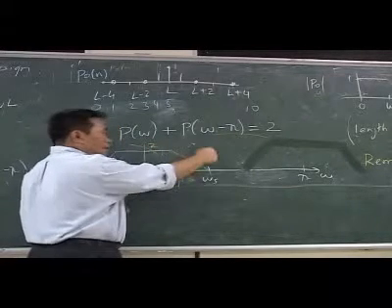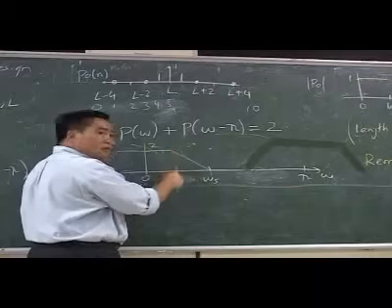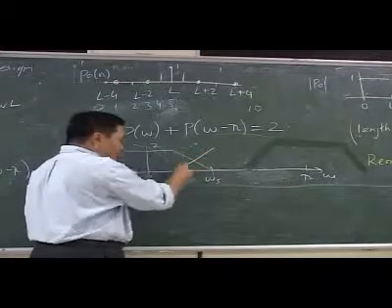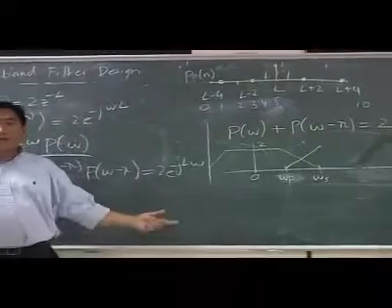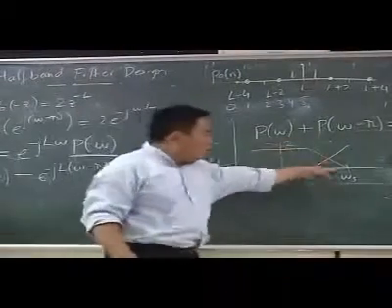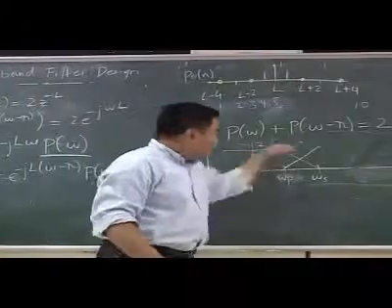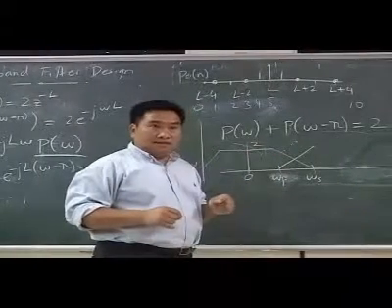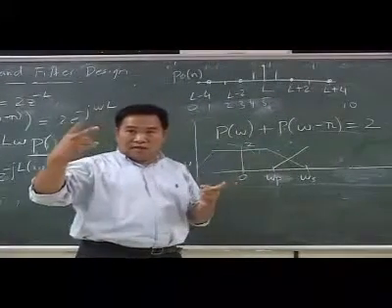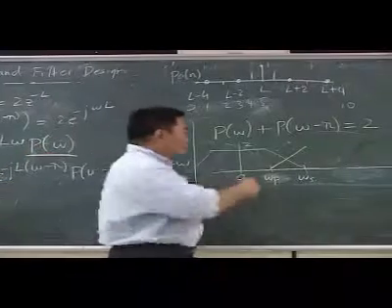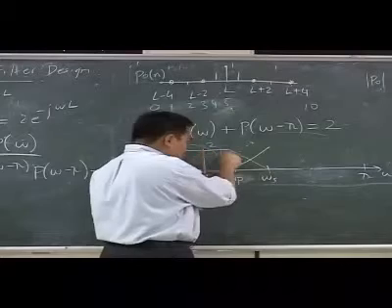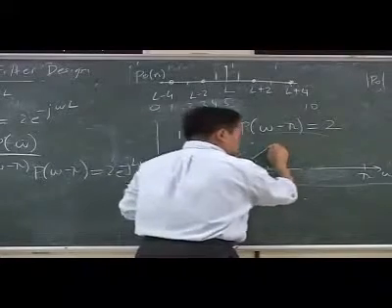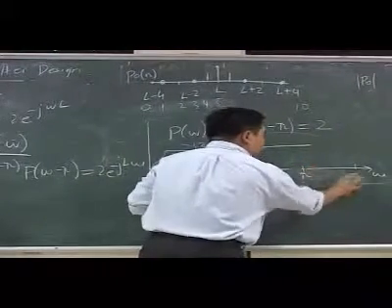If this is 2, what do I get here? 0. Otherwise, there's no way to get a constant. And a straight line gives me a straight line. The sum of two straight lines is a straight line. All you have to do is figure out the endpoint. So you're going to have a constant, and a constant.